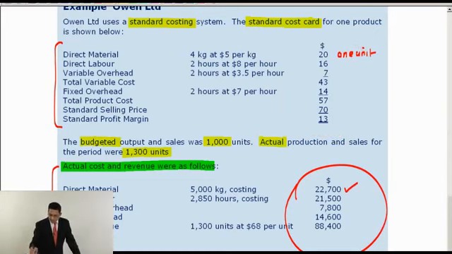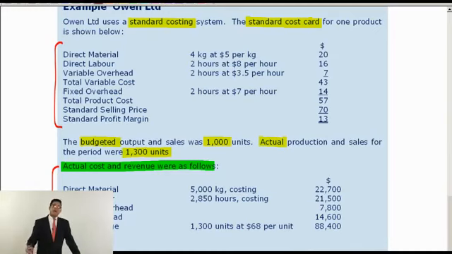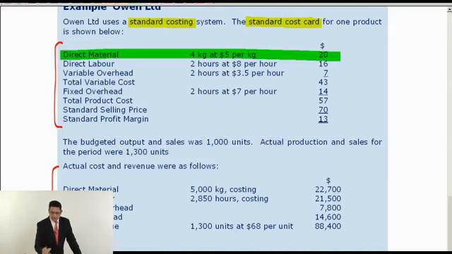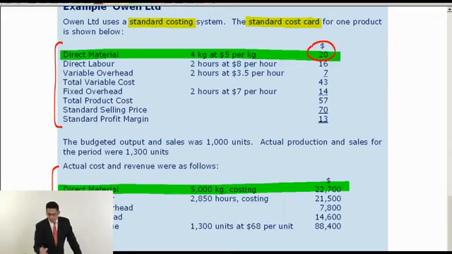Now here is my understanding. If I am calculating direct material variance, do you think it will make sense if I compare $20 of standard material cost with $22,700 actual material cost?